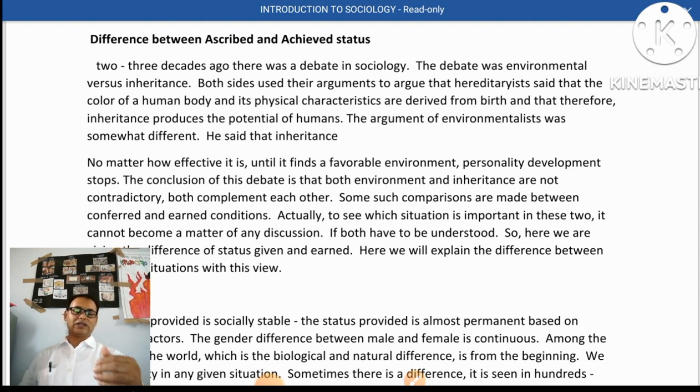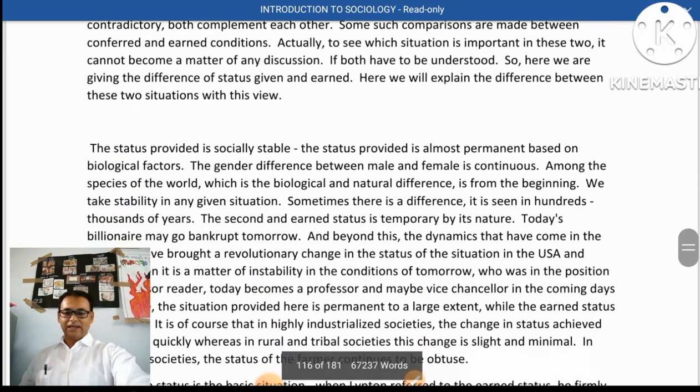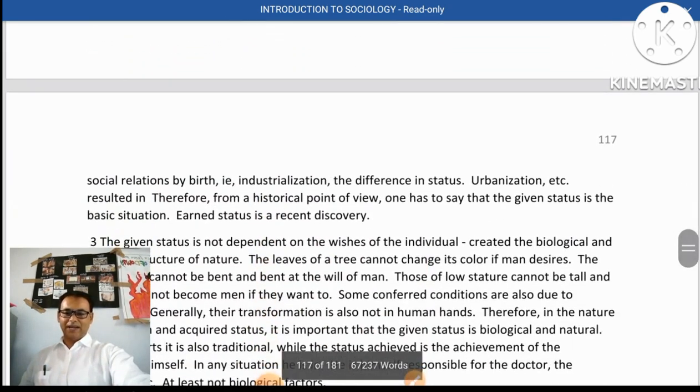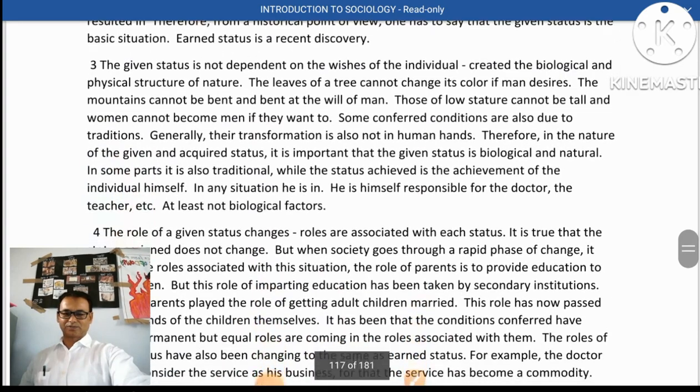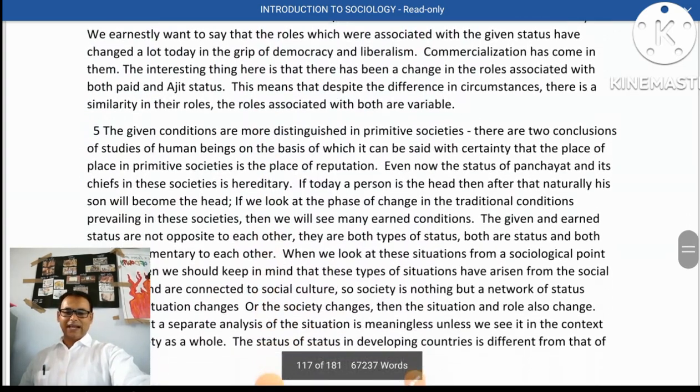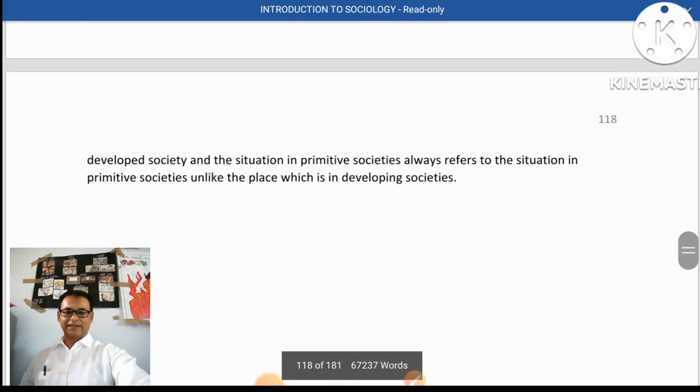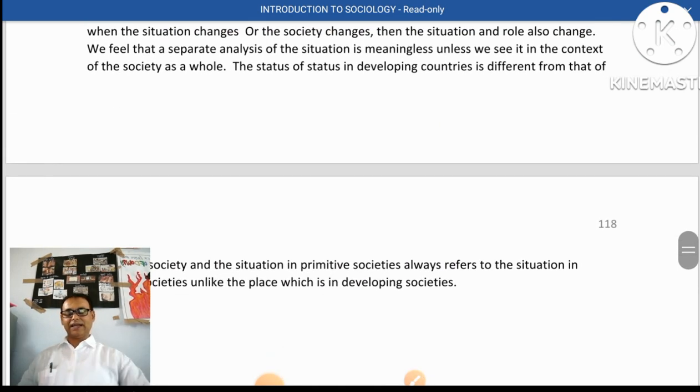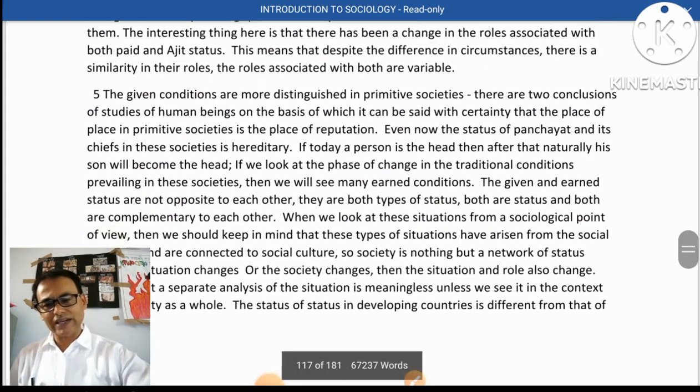It depends upon the family background, the race, the sex, and achieved status depends upon the qualification, education, achieved ability. Understand? So these are the concepts regarding ascribed and achieved status. I think you did understand.